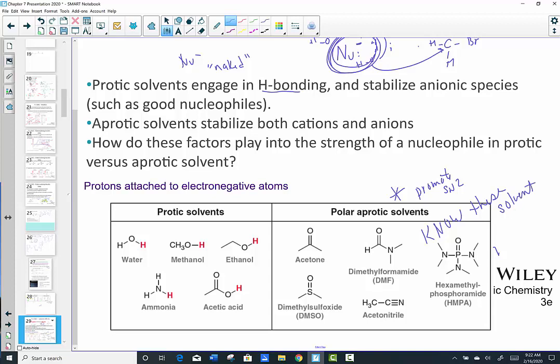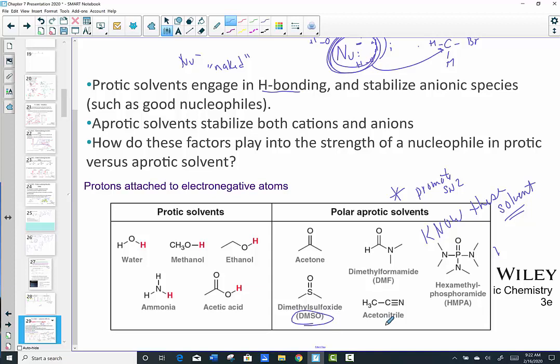In other words, you need to recognize when you just see these letters whether they are going to be protic or aprotic, because the selection of the solvent matters to promote SN2 mechanisms. We need it to be aprotic. If I see DMF on an arrow, I need to know that's an aprotic solvent. HMPA, DMSO, all examples.